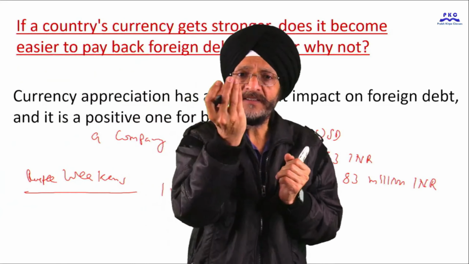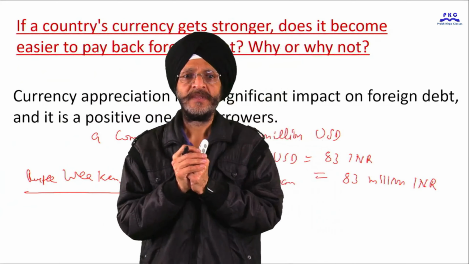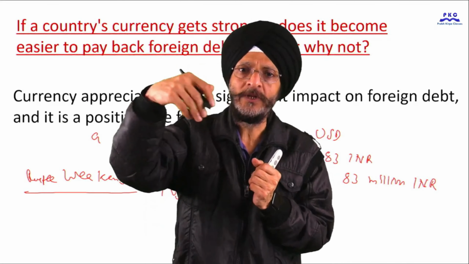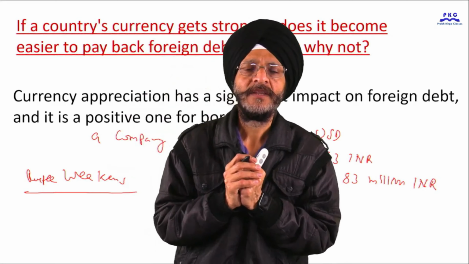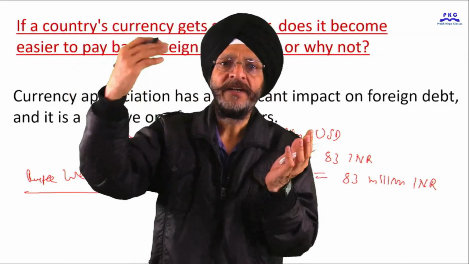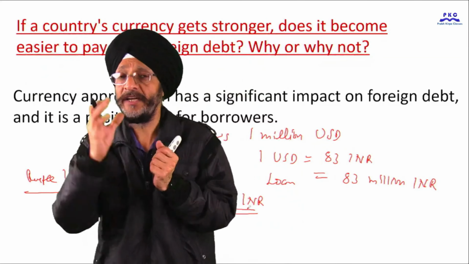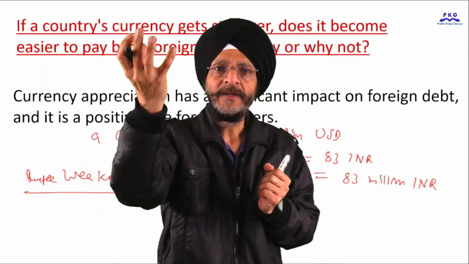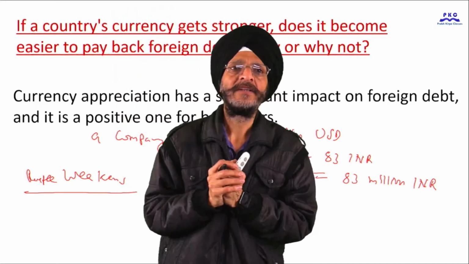But when the rupee has weakened, they will have to pay approximately 90 million Indian rupees. So more will have to be paid by the Indian company to pay back the loan.